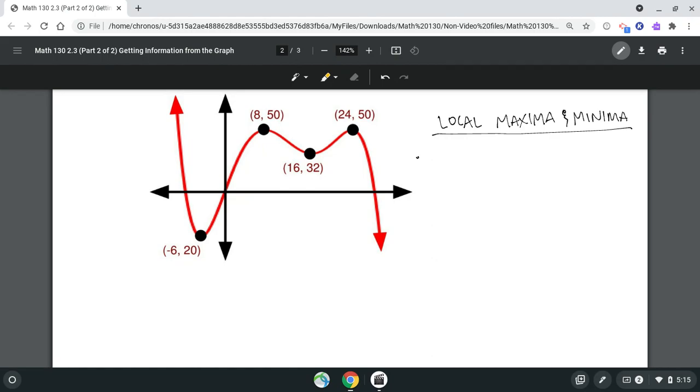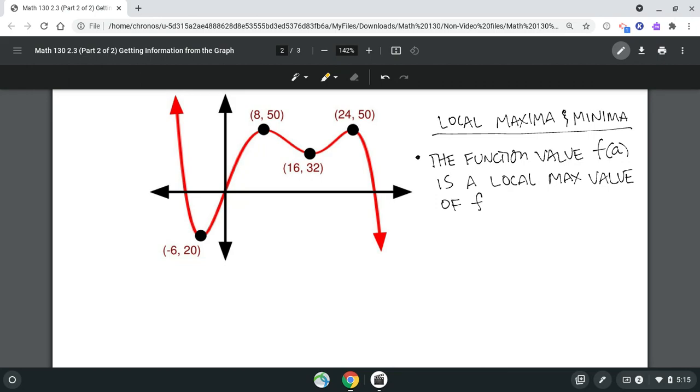So here, the function value f of a is a local max value of the function f if f of a is greater than or equal to f of x for all x near a.